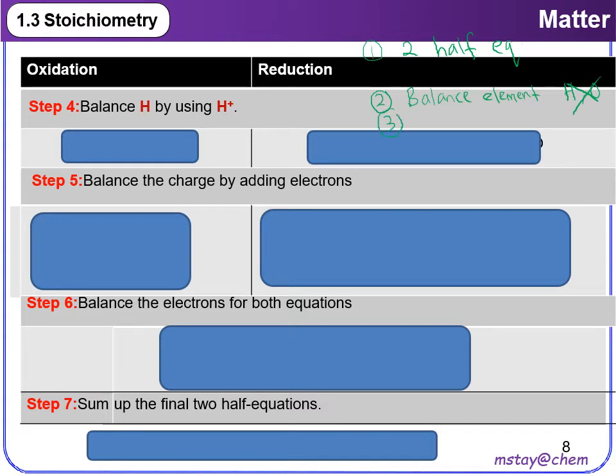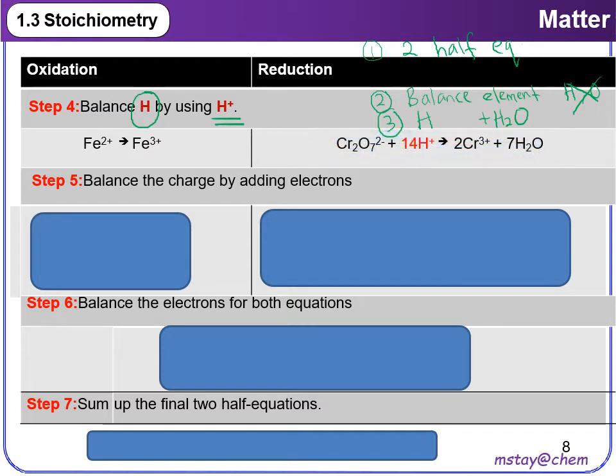Step number 3, we balance oxygen by adding H2O. Now when we want to balance hydrogen, we need to balance with H+. For example, in the case of Fe2+ to Fe3+, there is no need to do this.